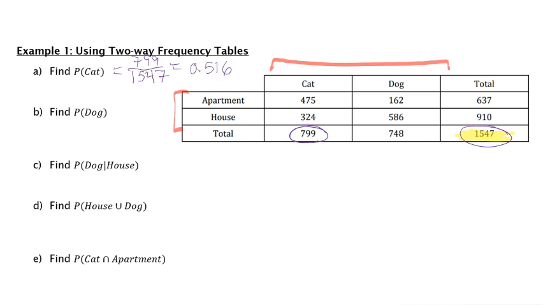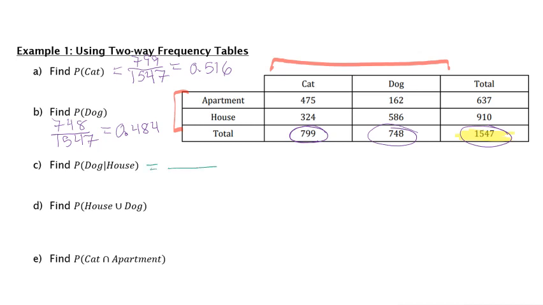For a dog, same thing. I'm going to have my denominator be 1547. And the total that owns a dog is 748. And if we divide that out, we would get 0.484. For the next one, this is actually going to be a conditional probability.